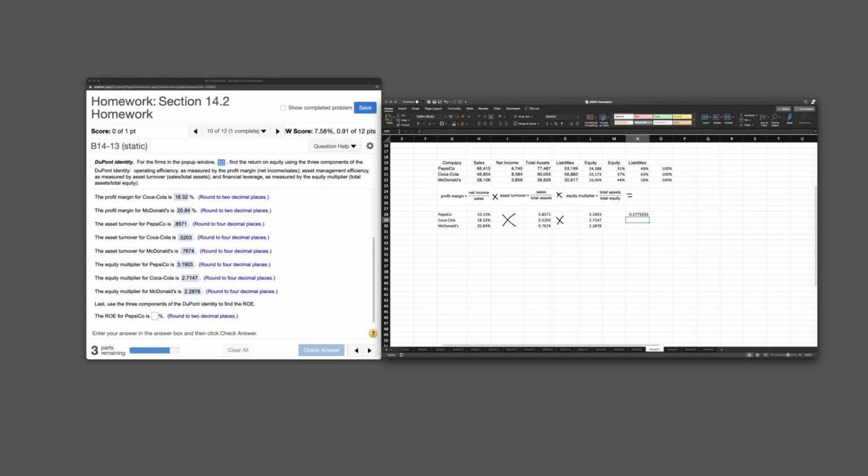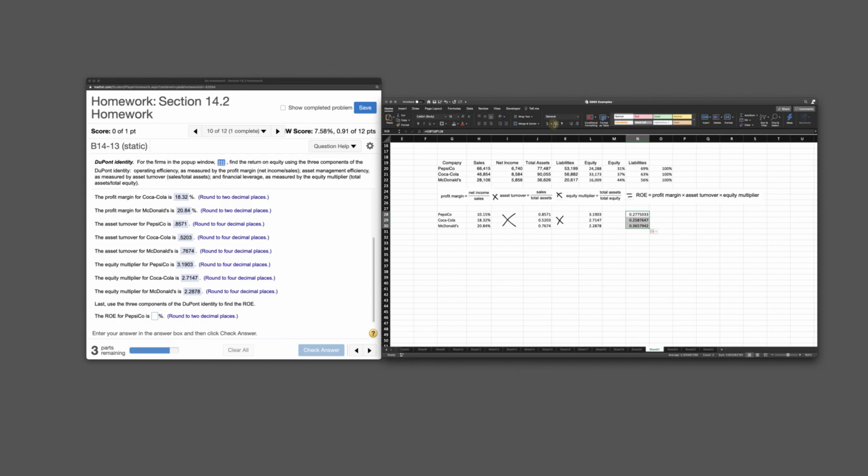And again, just as a reminder, this is what we're doing: taking our profit margin times our asset turnover multiplied by our equity multiplier. Okay, and that's going to give us our return on equity as indicated through our DuPont Identity.